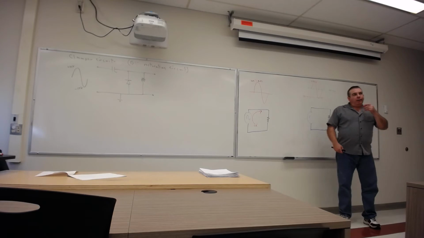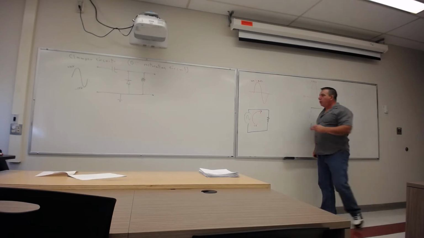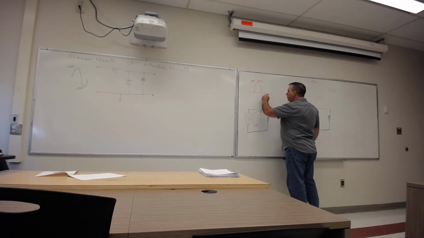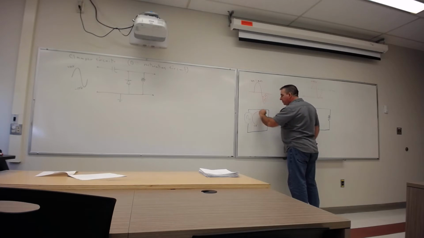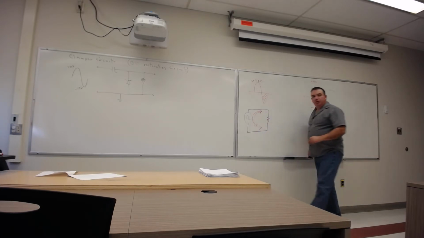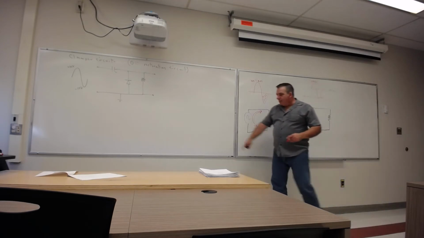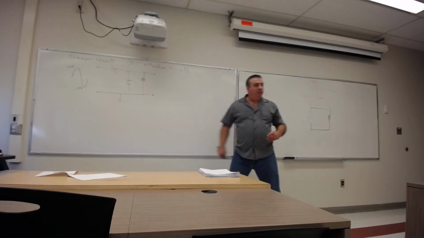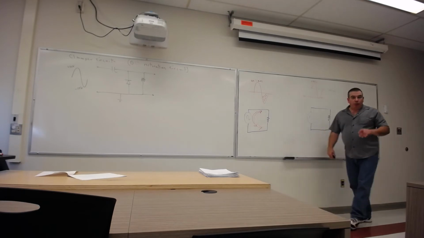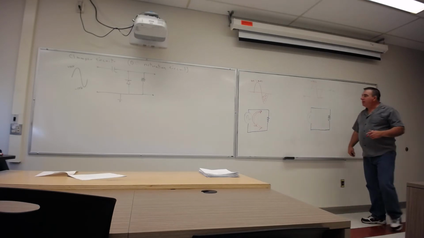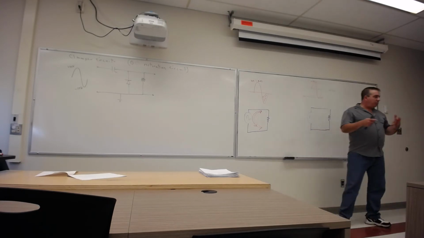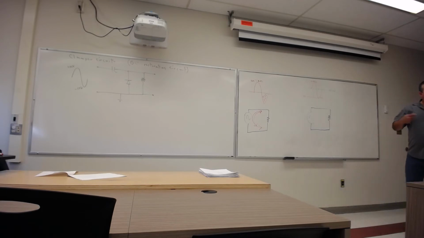For 8 milliseconds or so, current is going in one direction, and then for the other 8.3 milliseconds, current goes in the opposite direction. So there's no DC coming off the receptacle. It's purely AC. But it doesn't mean that you can't have a signal that has both an AC quantity and a DC quantity.